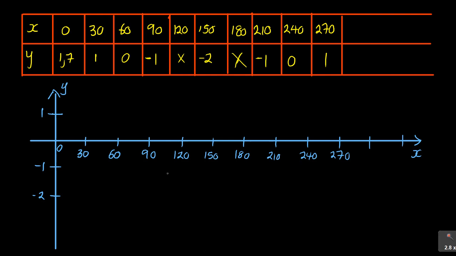Now we have to plot our points, and when we are plotting our points, 0 is 1,7.